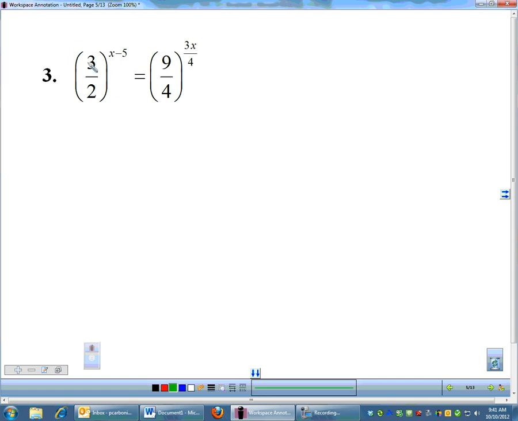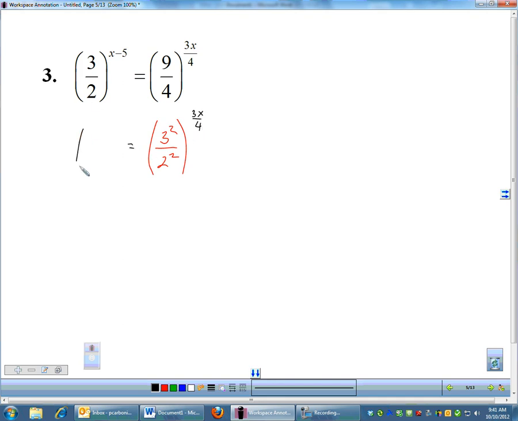Let's see, moving on. Getting a little bit uglier. I have 3 and 2, 9/4. If you know, 9 is 3 squared, and 4 is 2 squared, right? Well, this is suddenly starting to look a lot like that left side. So that's 3x over 4.